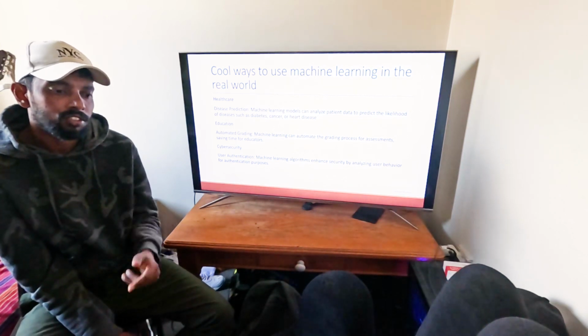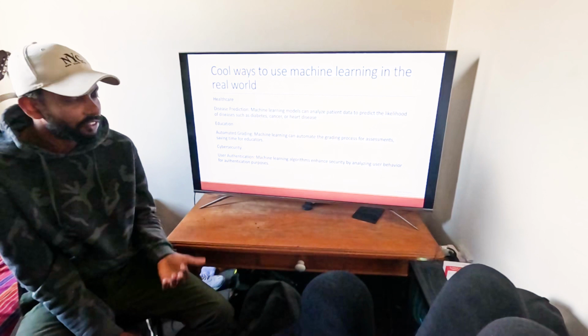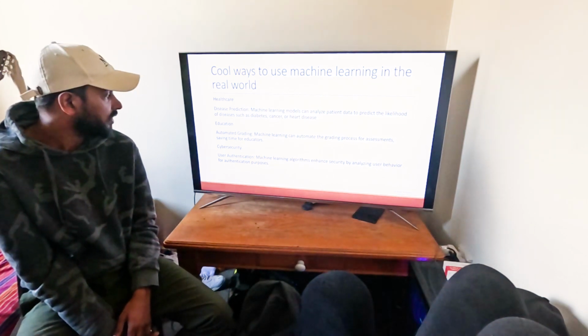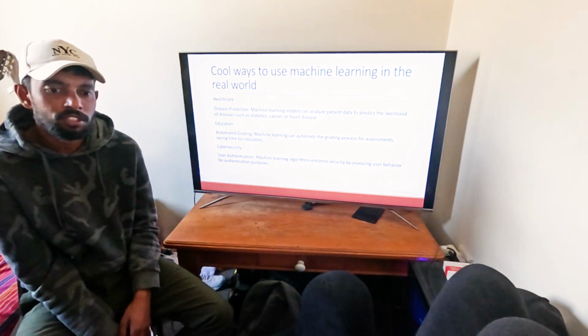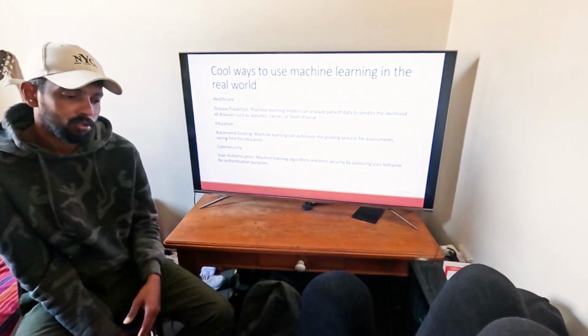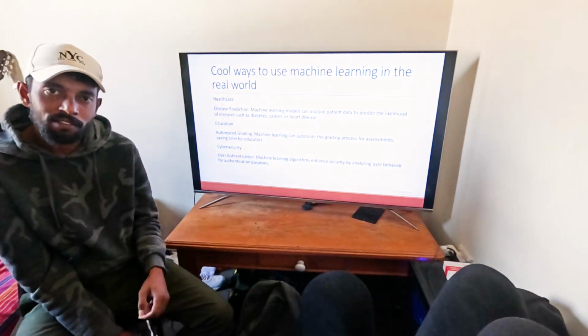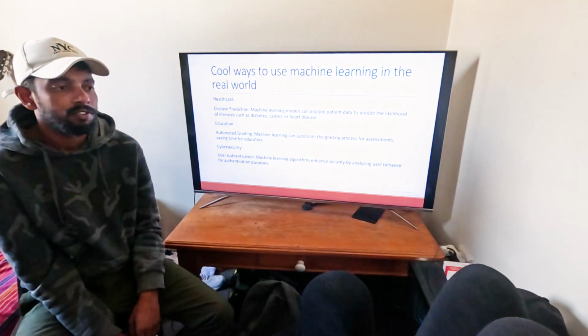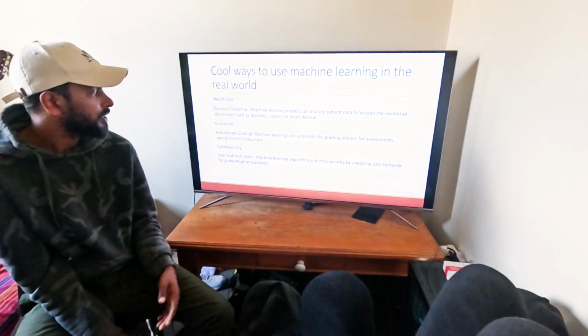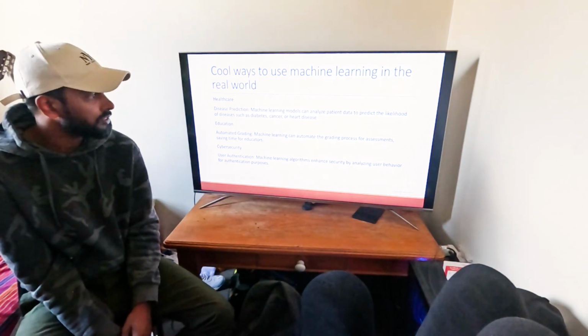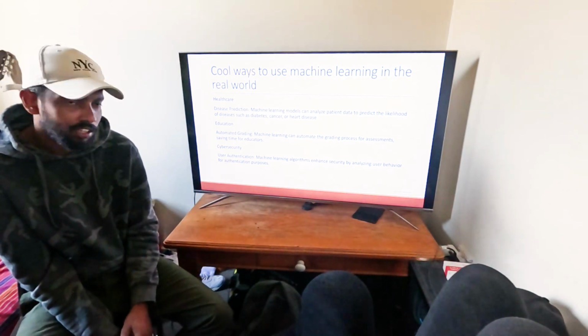And in education, automated grading. The tutor does not want to go through each and every paper to evaluate them. We just need to give the algorithm the papers to mark. Machine learning can automate the grading process for assessments, saving time for education.